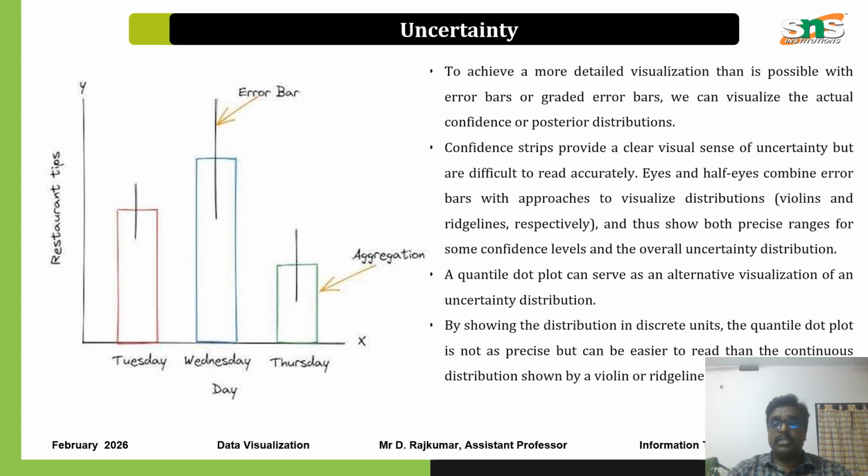In certain cases, violin plots and ridgelines can be used, and they show both precise ranges for some confidence levels and the overall uncertainty distribution. Sometimes the quantile dot plot can also serve as an alternative for an uncertainty distribution. By showing the distribution in discrete units, the quantile dot plot is not precise, but it can be easier to read than the continuous distribution shown by violins or ridgelines, which is very accurate.